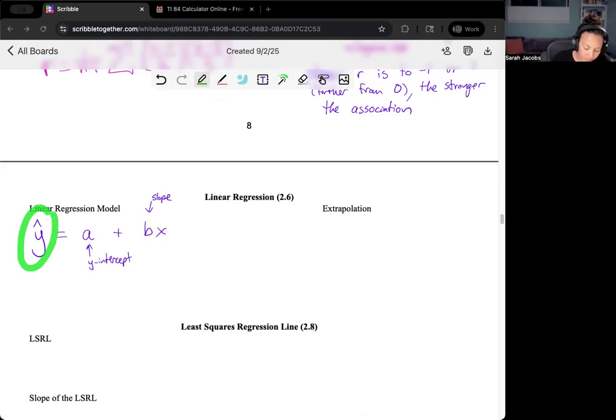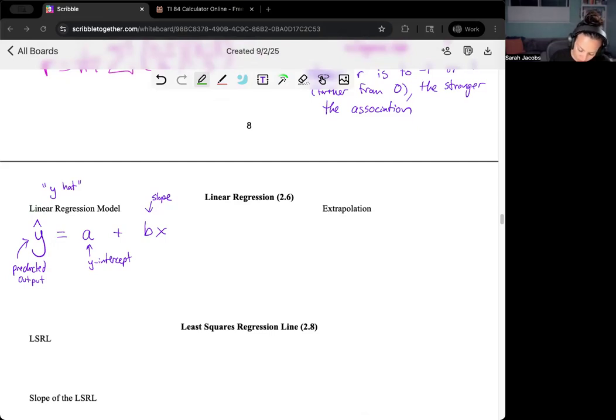Y hat, and so we pronounce that y hat. We're going to have a few different hats in this. The hat means that it's a predicted value. The y hat is a predicted output. So based on our regression line and a given input, y hat is our predicted output.